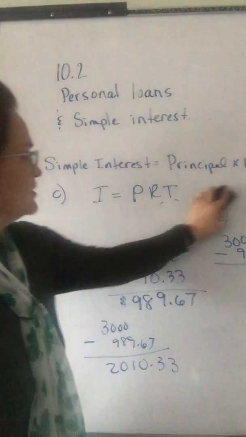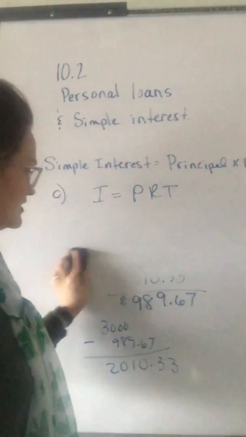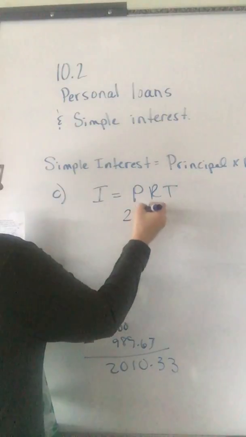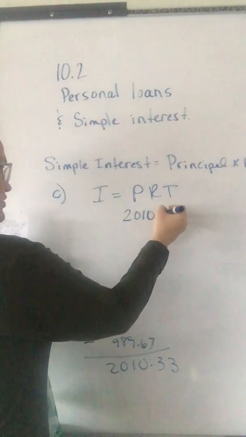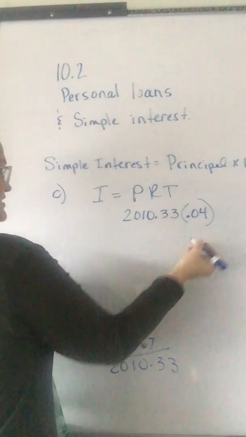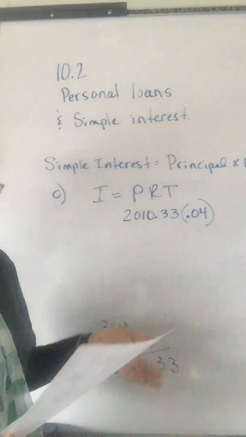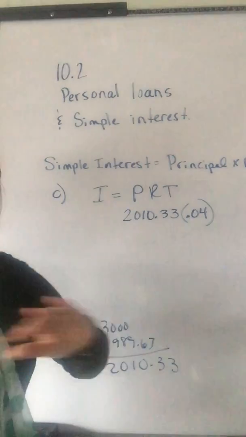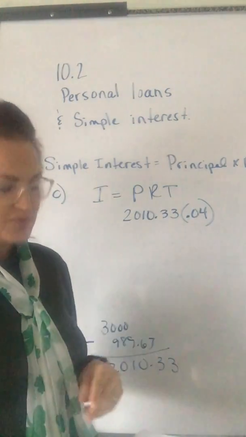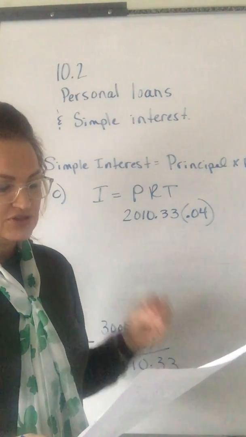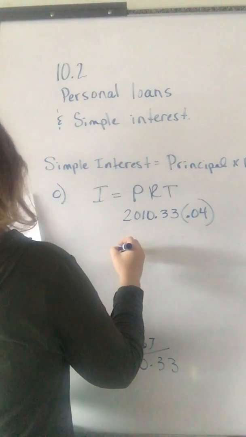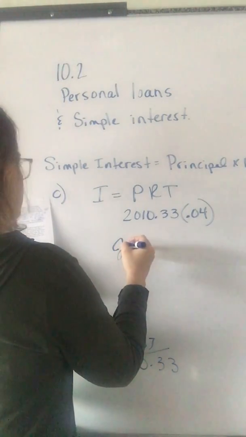So now we go back to our formula and do another calculation. We've got $2,010.33 for our principal now, and we owe 4% interest still. We're going to make another payment. We could keep doing multiple iterations of this, but we're just going to do it twice. We're going to pay the loan off on July the 1st. So now we've gone through June the 1st.